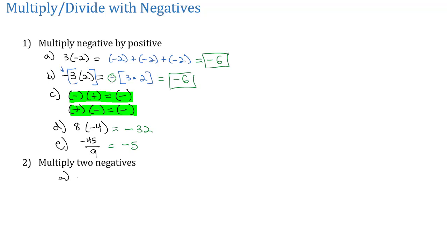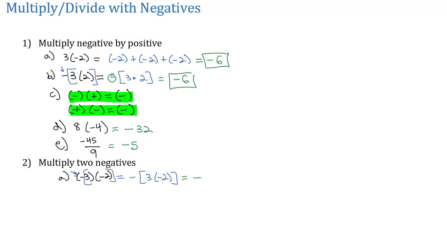Let's take a look at the problem negative 3 times negative 2. Using much the same logic that we saw up above, that front negative I'm going to separate from the rest of the problem to make it negative of 3 times negative 2. Now, when we do that, we end up with a negative in front of everything.